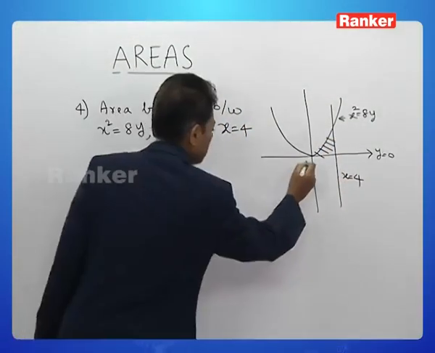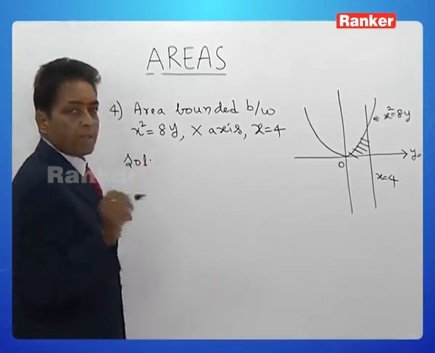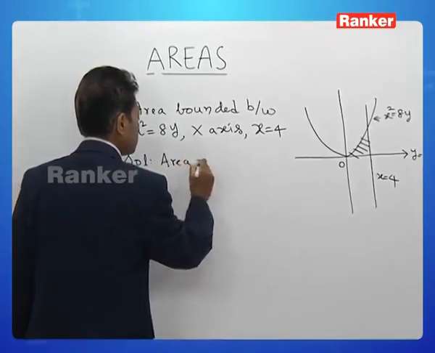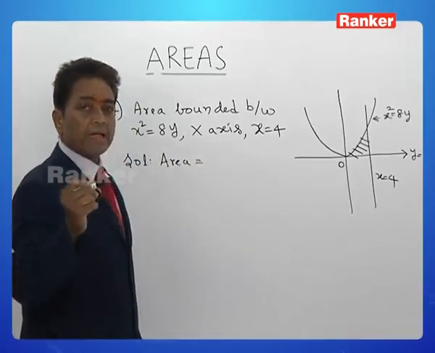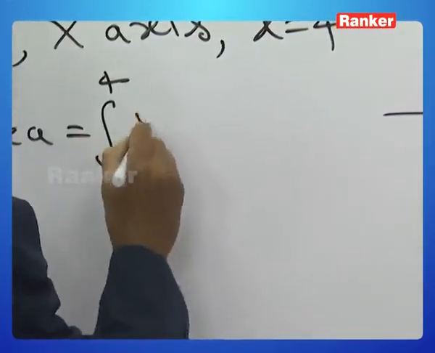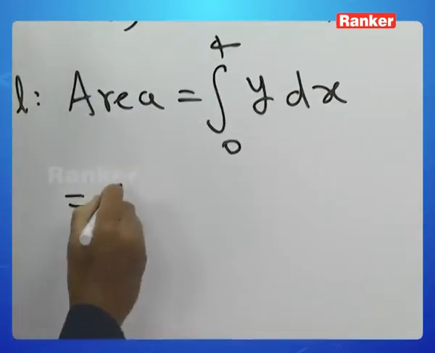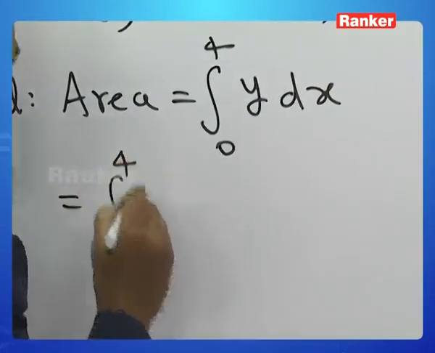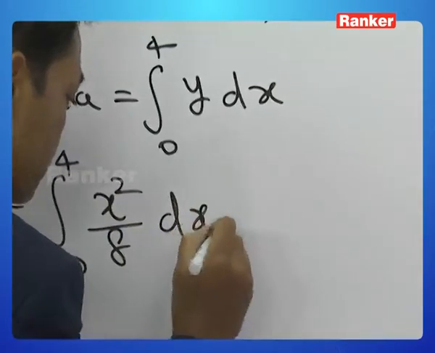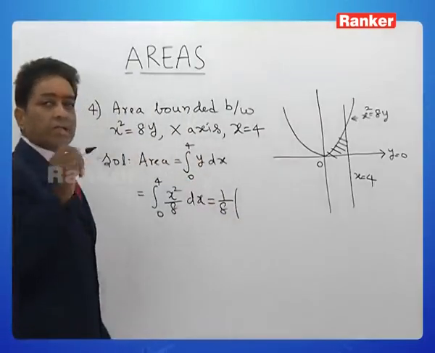So, let us find 0 to 4 definite integration. Required area, what is required area? Integral 0 to 4 y dx. What is y? X square by 8 dx. Keep 1 by 8 outside. What is x square integration?